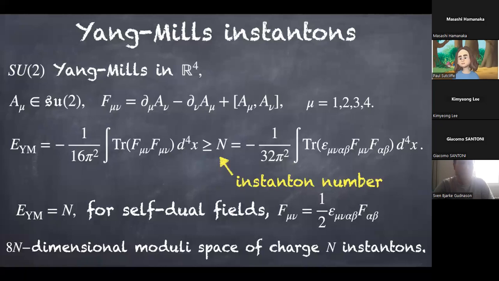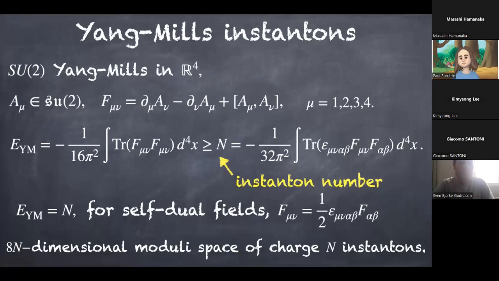There's an energy bound like there was for the skyrmions. The energy is greater than or equal to, in the units I'm using, the number of instantons you have. The instanton number is like the soliton number from before, and again there's an explicit expression for it. Again, it involves F squared, but with an epsilon totally antisymmetric tensor thrown in.